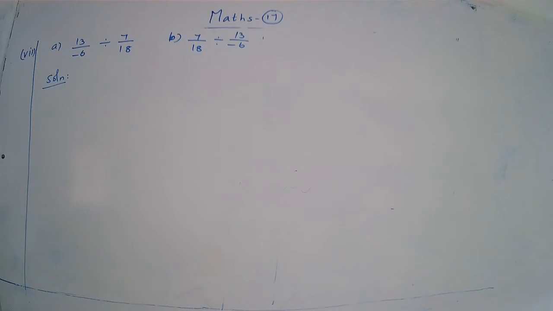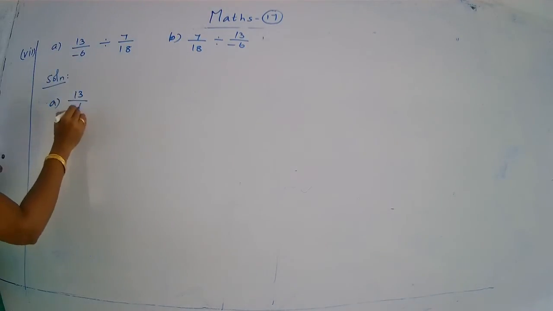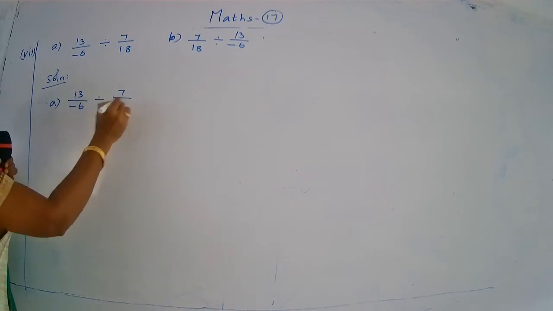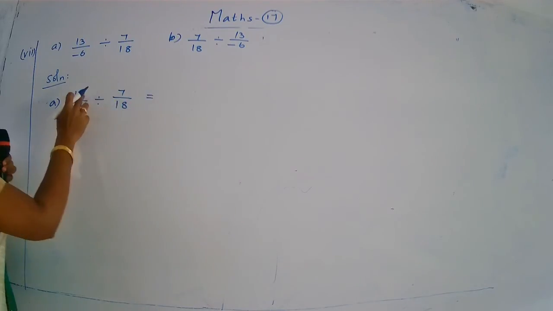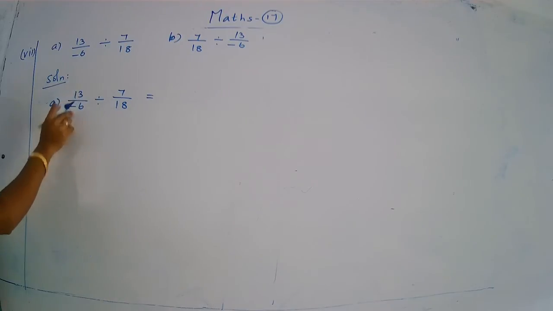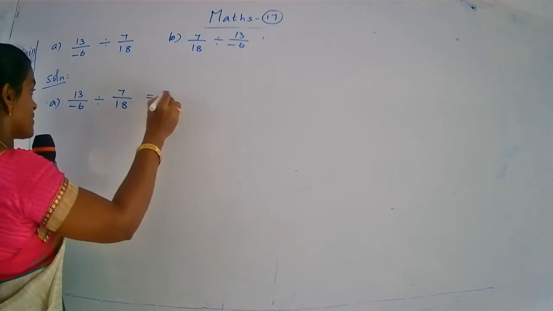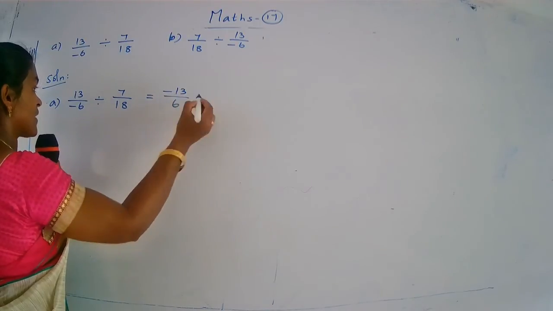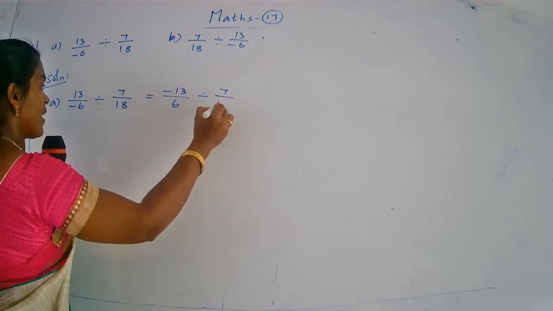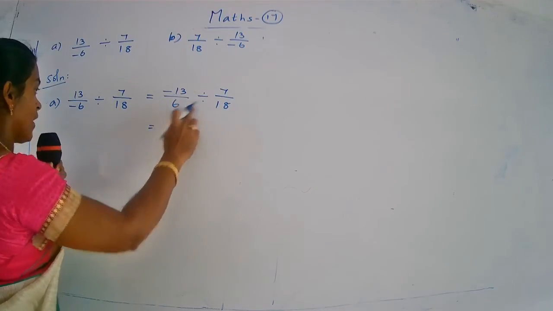Listen carefully. For division, what should we do? When we change it to multiply, use the reciprocal of the divisor. Okay, this is dividend, this is divisor. So we multiply the dividend by the reciprocal of the divisor. So that's why minus 13 upon 6 multiply reciprocal of 7 upon 18. So the reciprocal of 7 upon 18 is 18 upon 7.